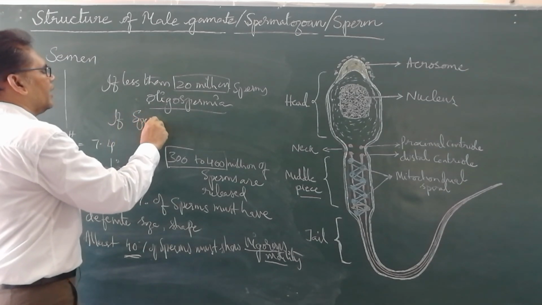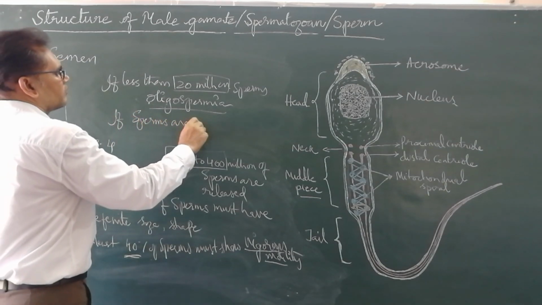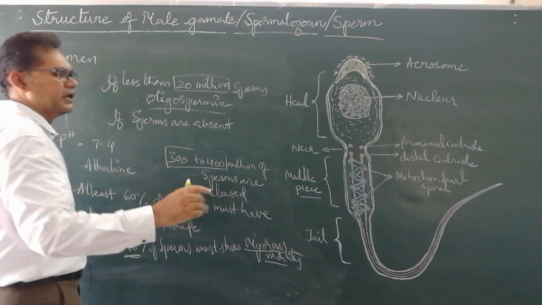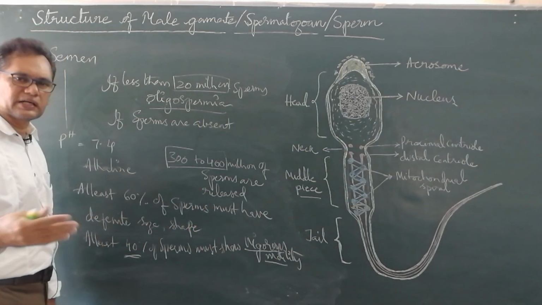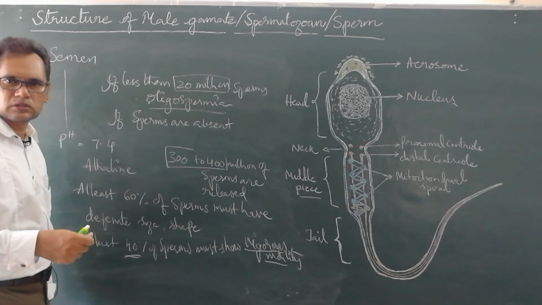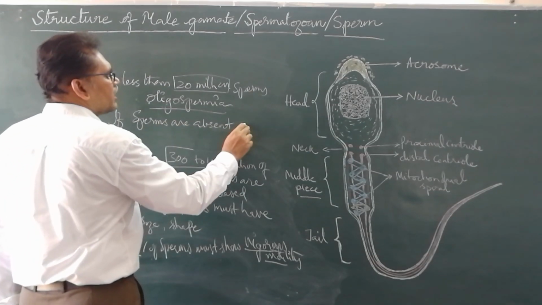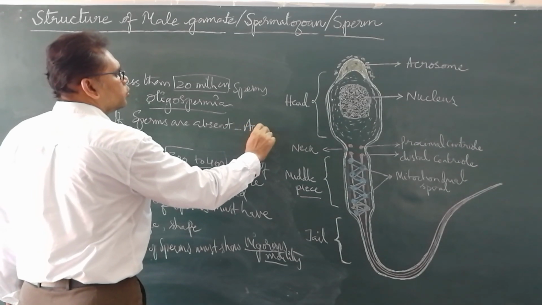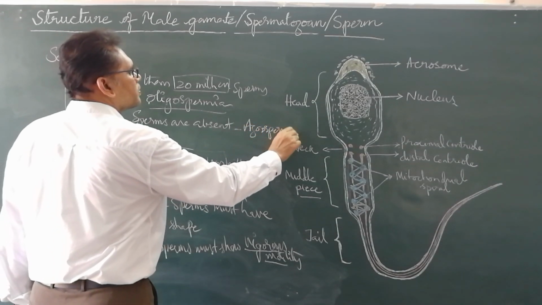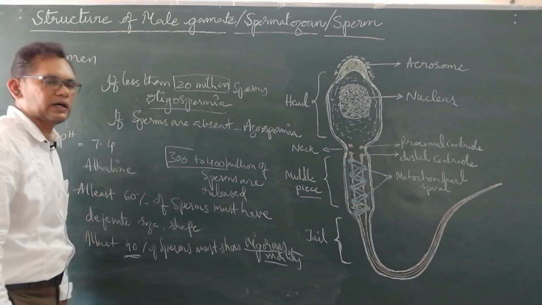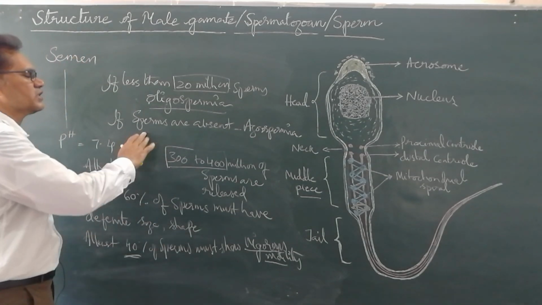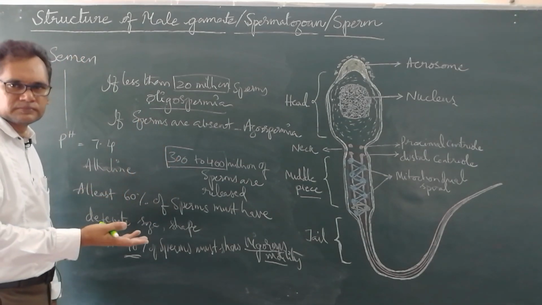If sperms are absent or nearly absent, meaning hundreds or thousands for suppose, this condition is called azoospermia. Azoospermia means absence of sperms in the semen.